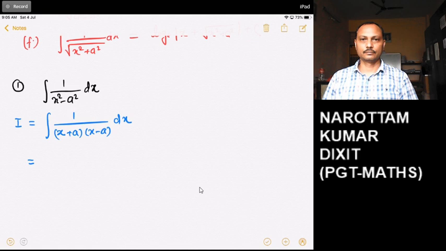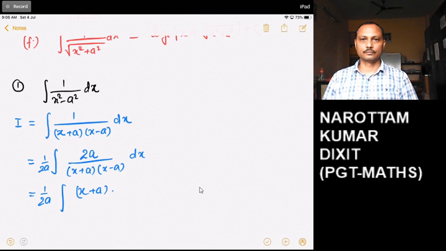Now, if we multiply and divide by 2a and split the numerator in terms of x plus a and x minus a, so we can write it x plus a minus x minus a.